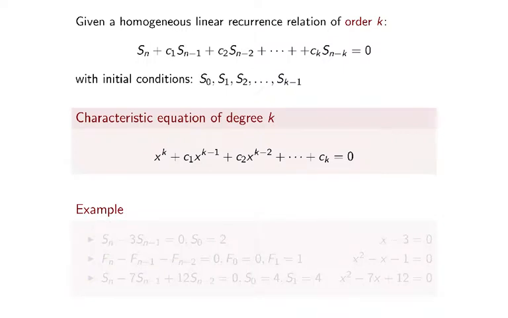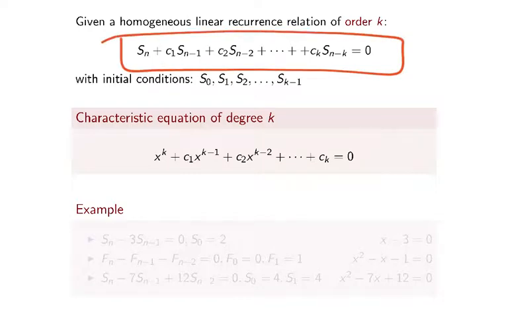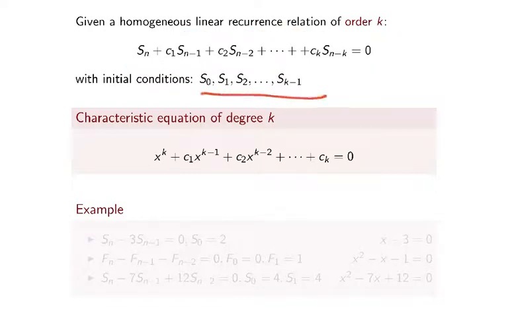Now, given a homogeneous linear recurrence relation of order k, as we have seen a moment ago, with k initial conditions, we are going to define the characteristic equation of degree k, where k is the order of the recurrence relation.